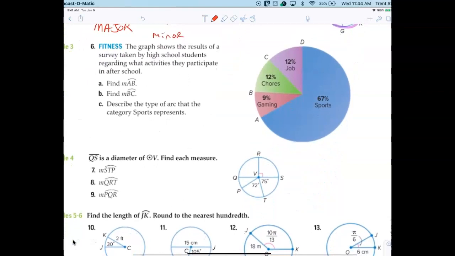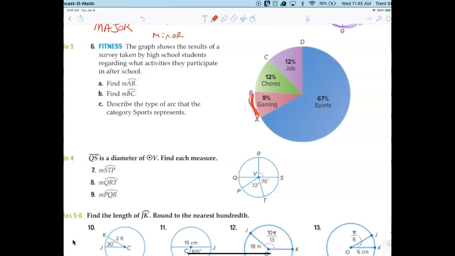Now, for number 6, the graph shows the results of a survey taken by high school students regarding what activities they participate in after school. Find the measure of AB. So AB is this, right? 9%. To find the measure, like when you measure an angle, you would measure it in degrees, right?